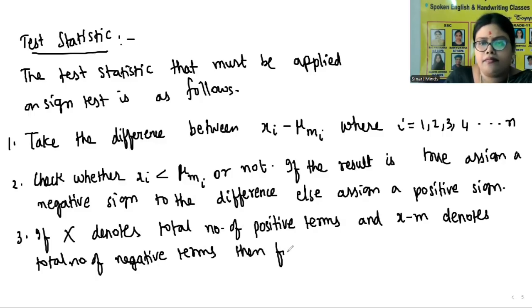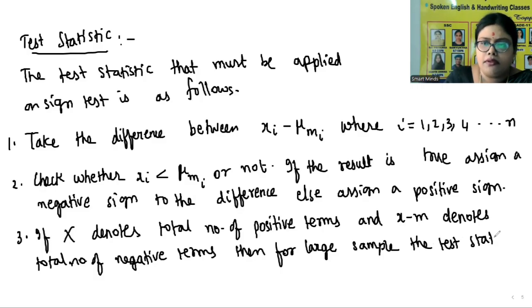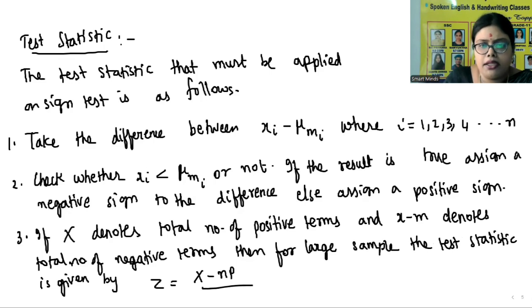then for large sample, the test statistic is given by, there is a formula for test statistic, Z is equal to (X minus NP) by root NPQ.